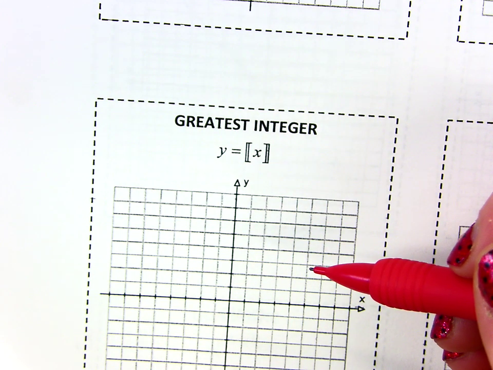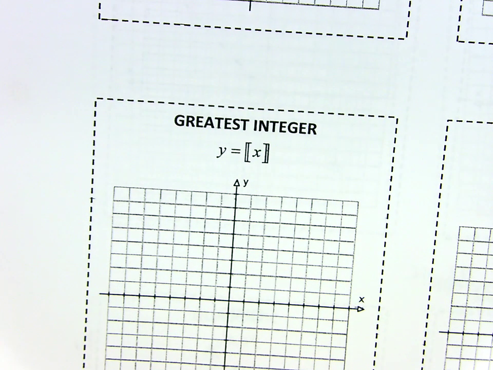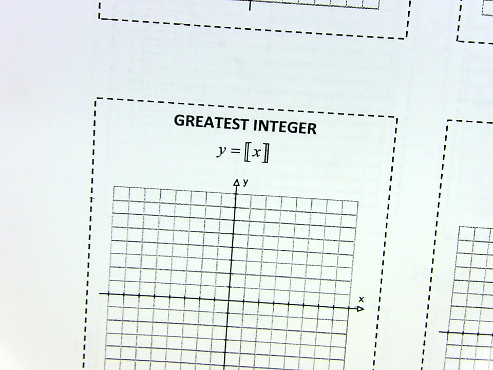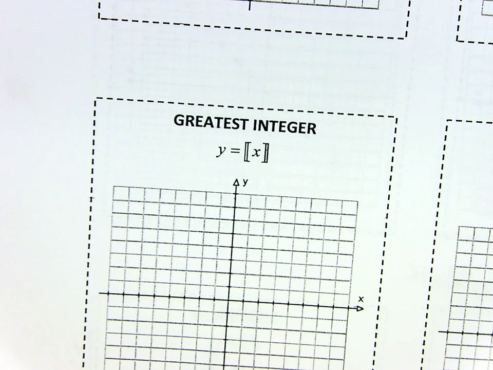So what in the world is that? Basically, you're going to, what's a good way to describe this? So you want the greatest integer that's going to be less than or equal to the value that you're at.